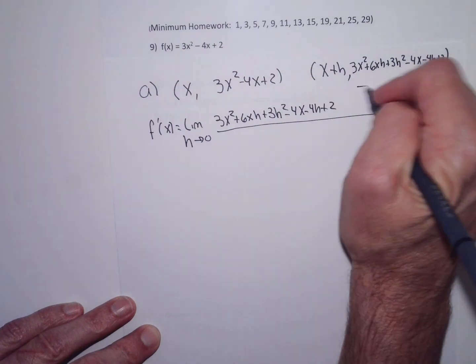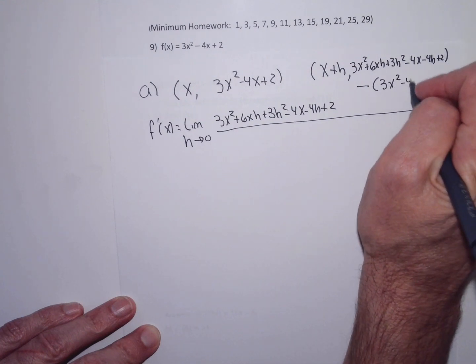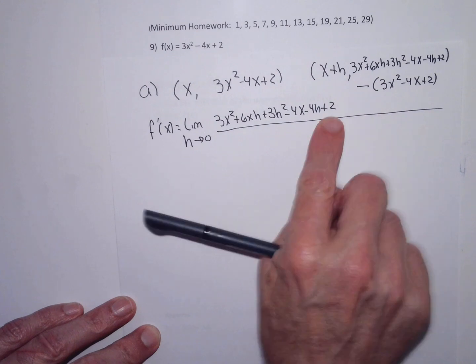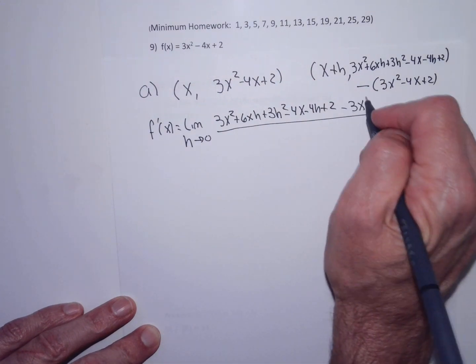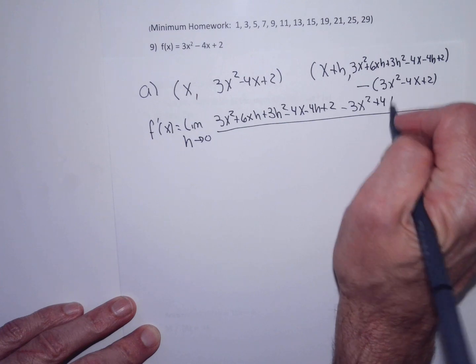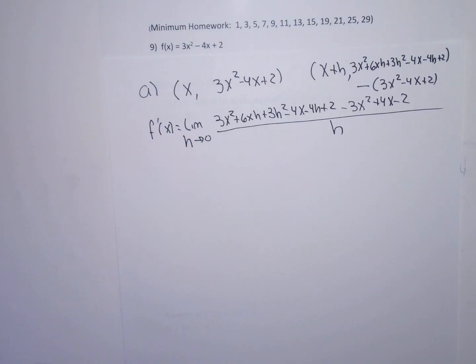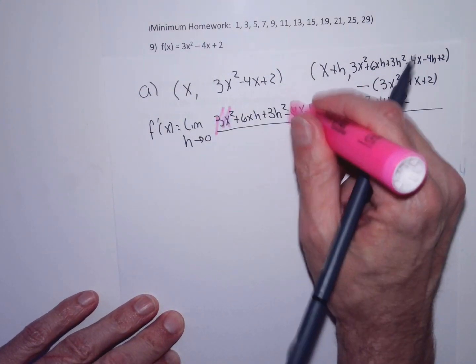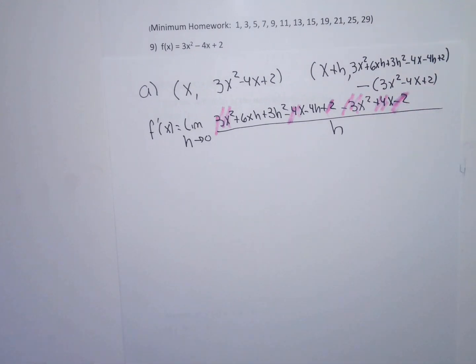And I should write minus in a parentheses 3x squared minus 4x plus 2. But I can clear that parentheses without actually writing the parentheses and get minus 3x squared plus 4x and minus 2, and then all over h. Now cancel the 3x squareds, cancel the 4x's, and cancel the 2's. Everything in the numerator that doesn't have an h should cancel.